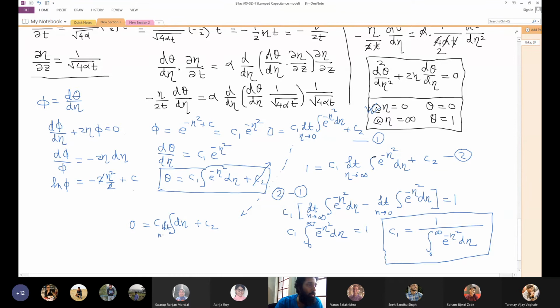So limit eta goes to 0, C1 eta plus C2, limit eta tends to 0. So this becomes 0 plus C2. That gives C2 equals 0. So that's how I get C2 equals 0, and that's how I evaluate C1.